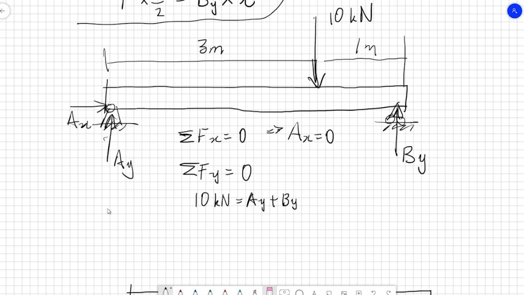Notice that the 10 kilonewtons here times 3 is creating a clockwise moment, and it needs to be cancelled out by a counterclockwise moment produced by By times the whole length.